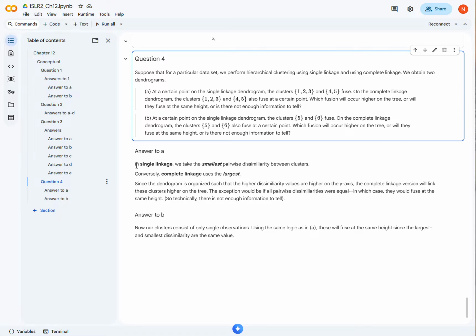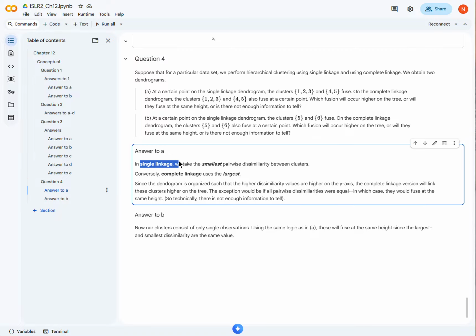In order to answer this, we have to understand what single linkage versus complete linkage is. In single linkage, between these clusters, we take all pairwise dissimilarities, so 1 to 4, 1 to 5, 2 to 4, 2 to 5, 3 to 4, 3 to 5, and we take the smallest of these pairwise dissimilarities between the two clusters.